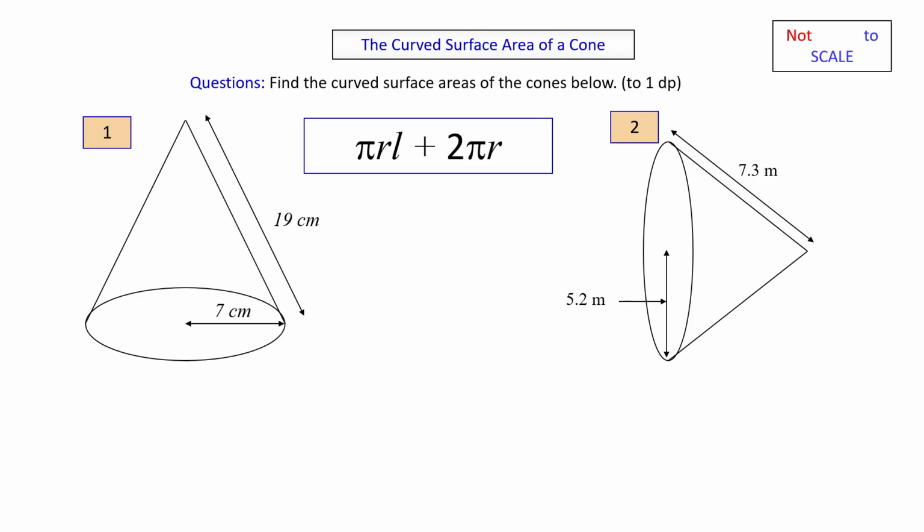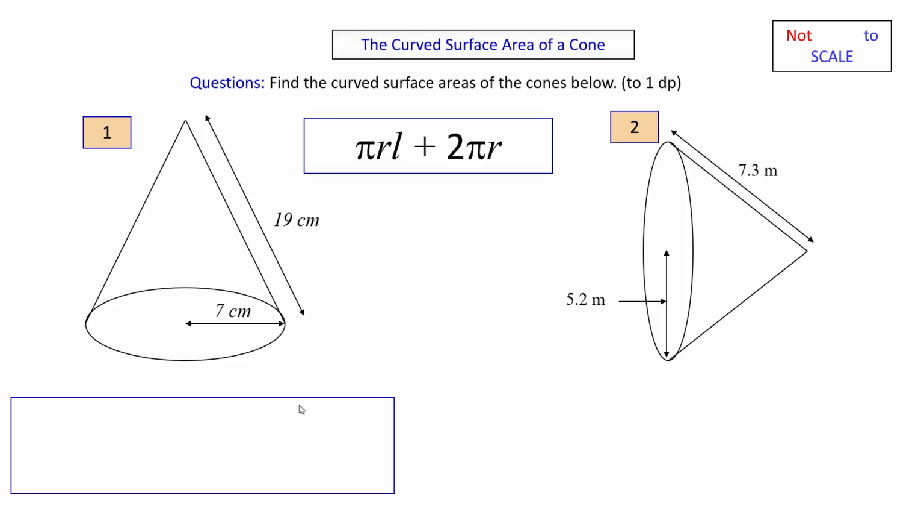Right, 2 questions. Attempt them. Always remember, write the formula first. So hit pause, have a go. When you're ready to check, hit play again. Okay, so question 1, we've got a slope length of 19 and a radius of 7.